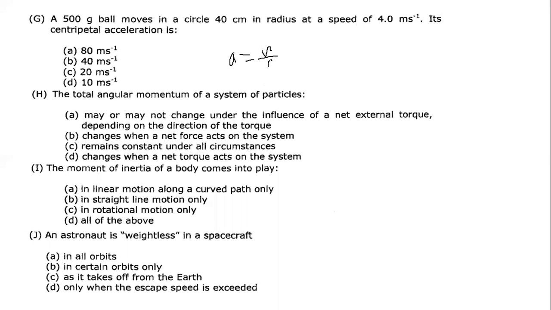Okay, so V squared divided by R, right? Yes. So this is 4 meters per second and this is 40 centimeters. Indeed, when you do 4 squared over 0.4, you will get 40.